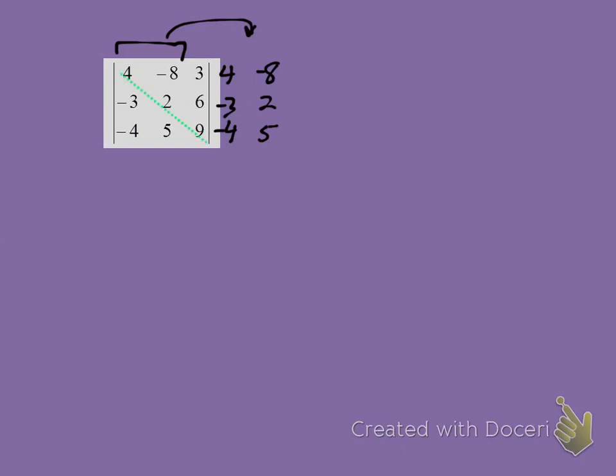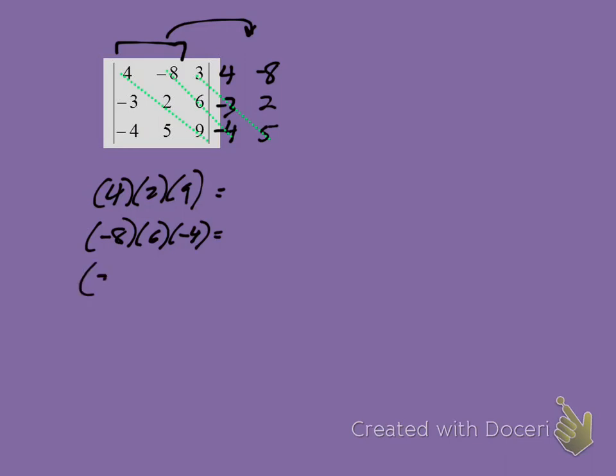We're going to go 4, 2, 9. But then you also got to go negative 8, 6, negative 4. And 3, negative 3, 5.